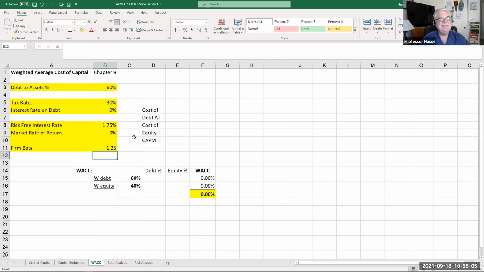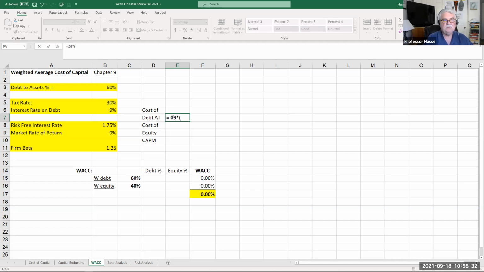Okay. What is our after-tax cost of debt? Well, that equals our interest on our money, 0.09, times 1 minus our tax rate.